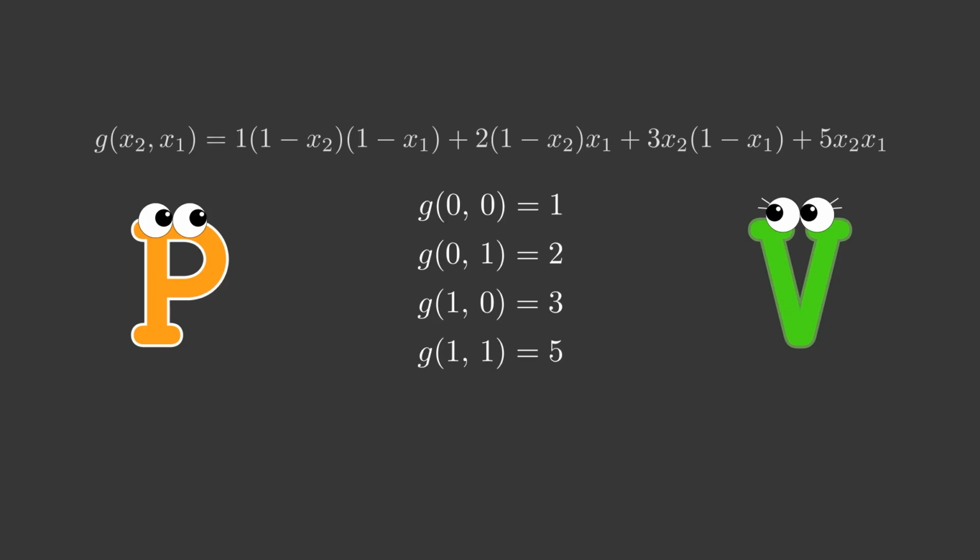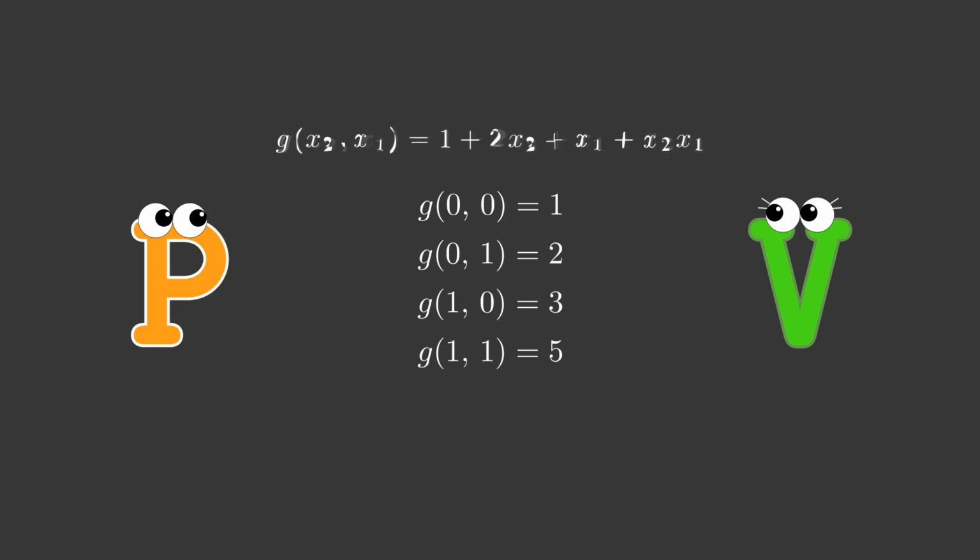Note that if we plug in any index x_2, x_1 from 0, 0, 0, 1, 1, 0, or 1, 1, the terms unassociated with the index get cancelled out, leaving only the relevant evaluation. Try it for yourself. Now if we collect the terms, we get that g at x_2, x_1 equals 1 plus 2 times x_2 plus x_1 plus x_2 times x_1.